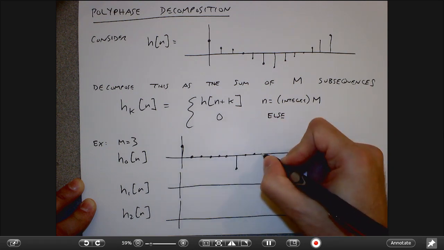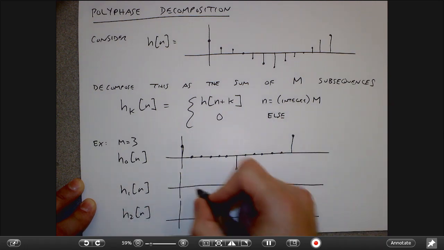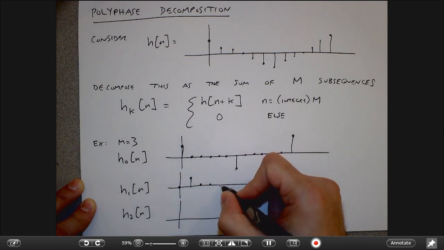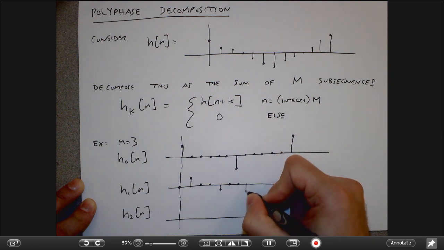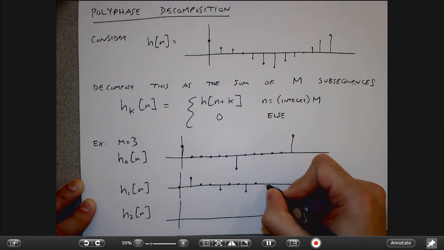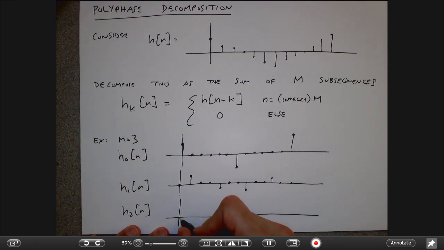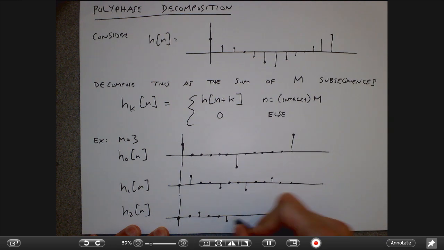I guess this was bad luck because there are some zeros here. The second one is taking every third element starting at 1. And the third one is taking every third element starting at 2. And so on.